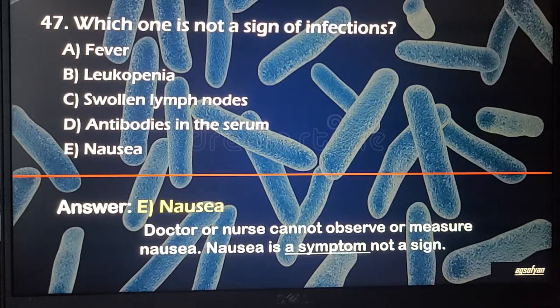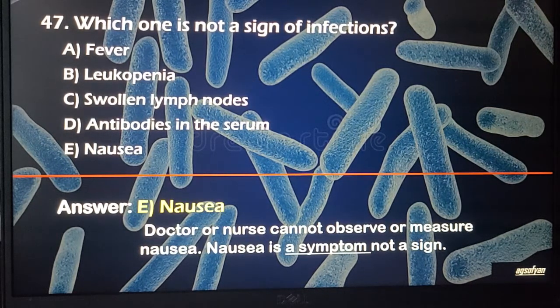Okay, fever is increased body temperature, so you can measure the body temperature, maybe 102, for example. Leukopenia means reduction of white blood cell. So you can actually take the blood sample and count the white blood cell on that sample. So this is sign. Swollen lymph nodes, of course, this is a sign because you see the swelling of the lymph nodes.